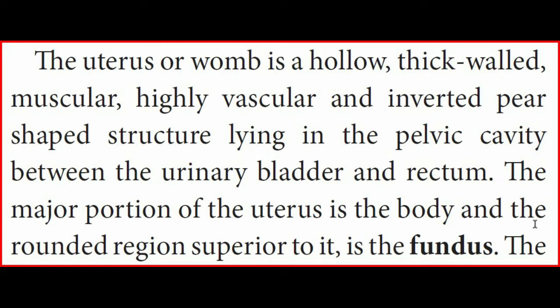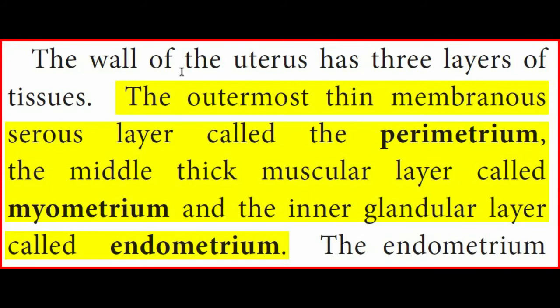Next, the uterus is covered by 3 membranes: outer, middle and inner. The outer layer is called the perimetrium. The middle thick muscular layer is the myometrium.